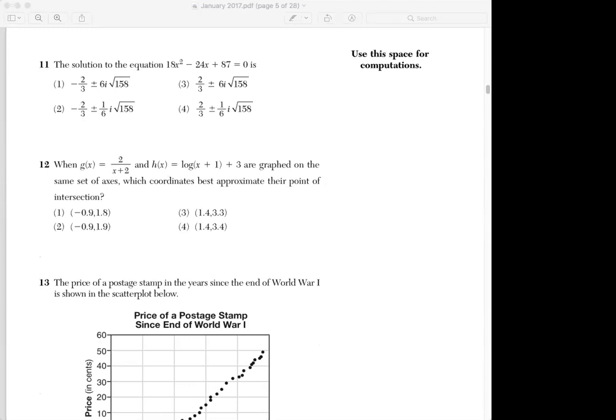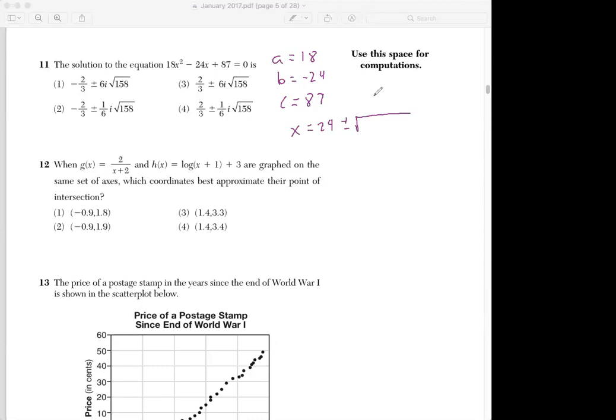Here, quadratic formula. Okay, they give it to you in the back. So let's see, A is equal to 18, B, negative 24, C, 87. So we do negative B, which is 24, x equals, plus or minus the square root of B squared.